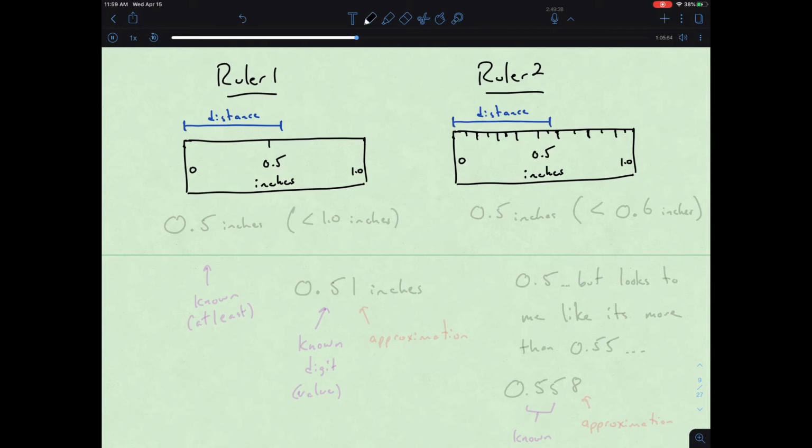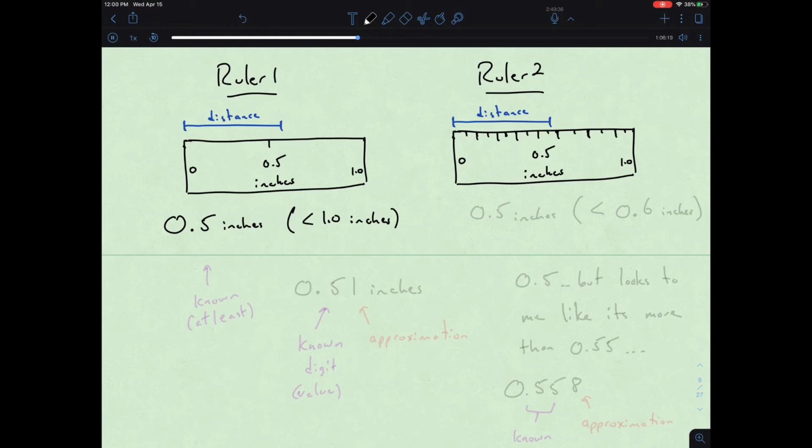And if we go to ruler 1, we could say, for certain, I have 0.5 inches. And we also know that it's less than 1.0 inches.